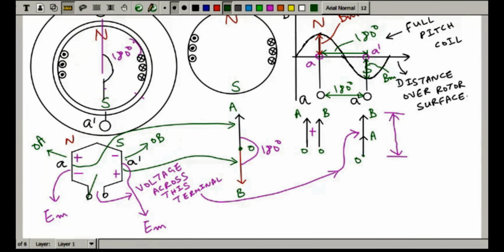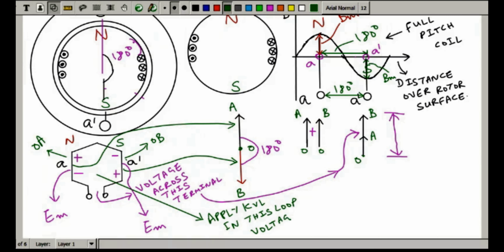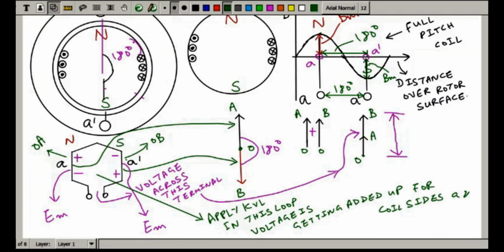Let me write it here. Apply KVL in this loop, voltage is getting added up for two coil sides, A and A dash.